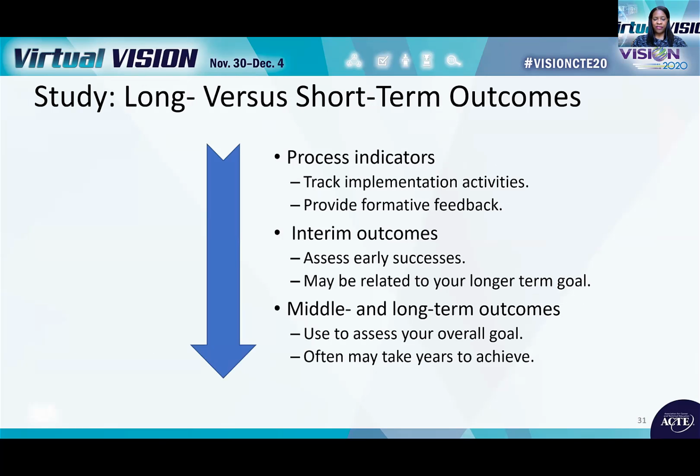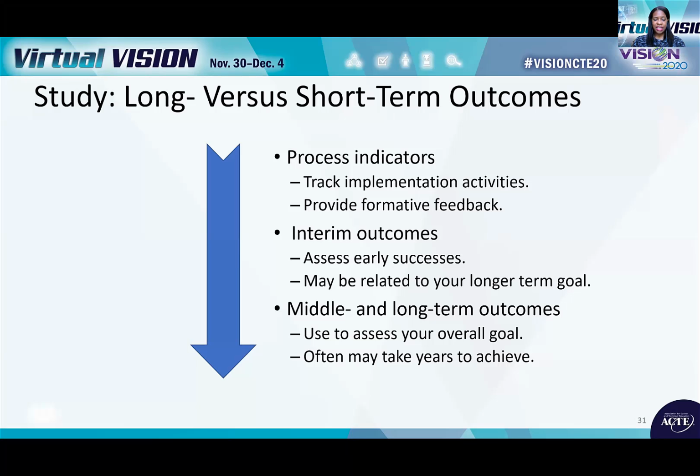You must be mindful of when outcomes can be achieved in selecting indicators. So here we look at long versus short-term outcomes, and we look at process indicators, interim outcomes, and middle and long-term outcomes.